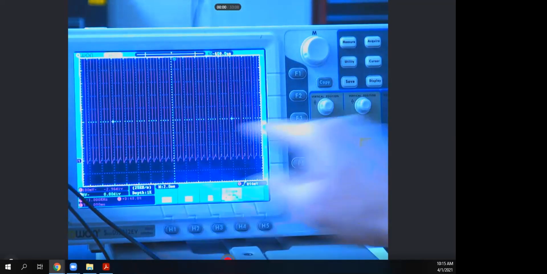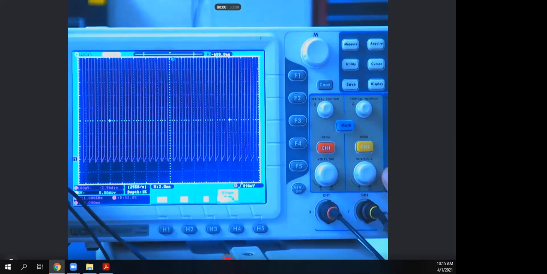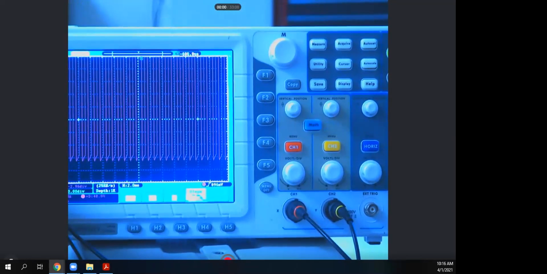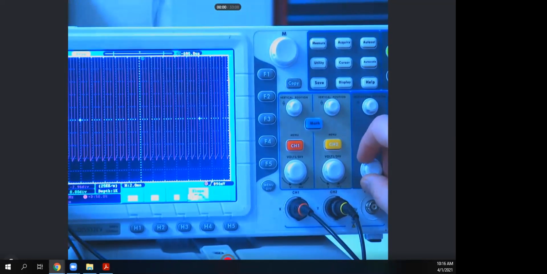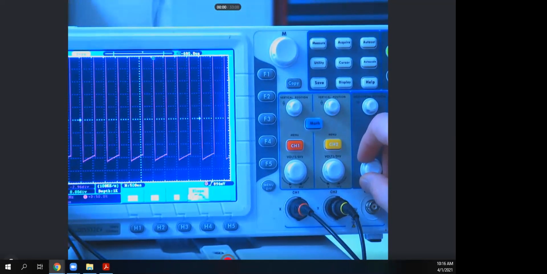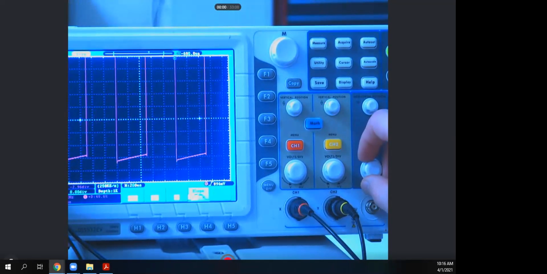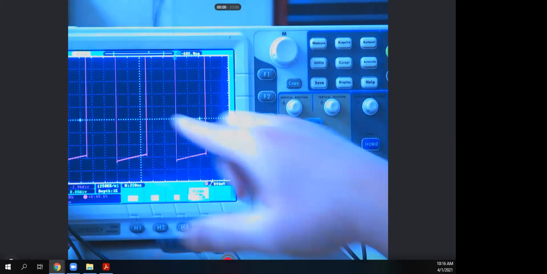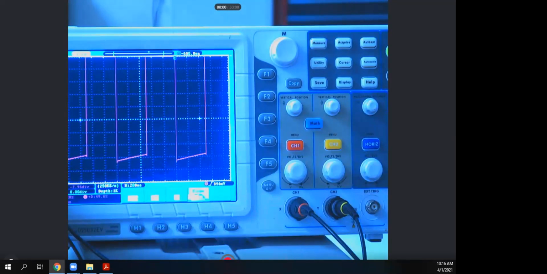So that's going to be right here, and this dial here. On the lab, it says 0.2 milliseconds per division. So I'm at 200 microseconds per division. Is that the same as 0.2 milliseconds, right?